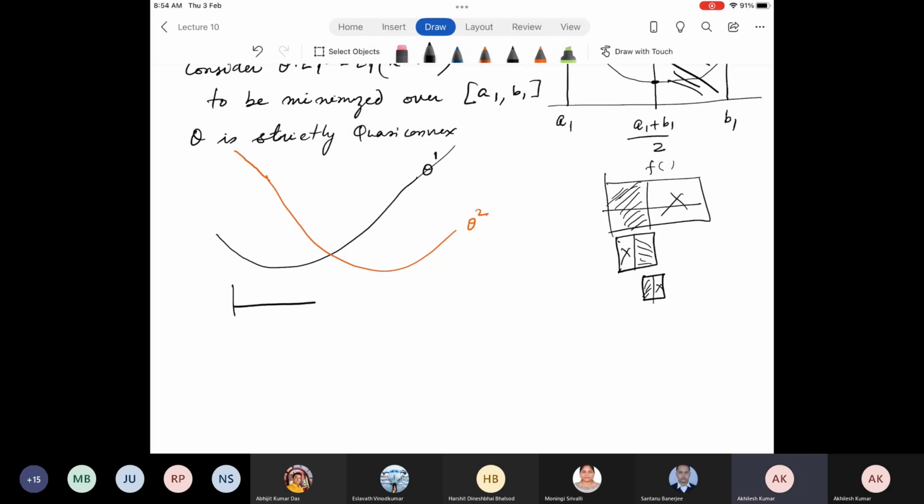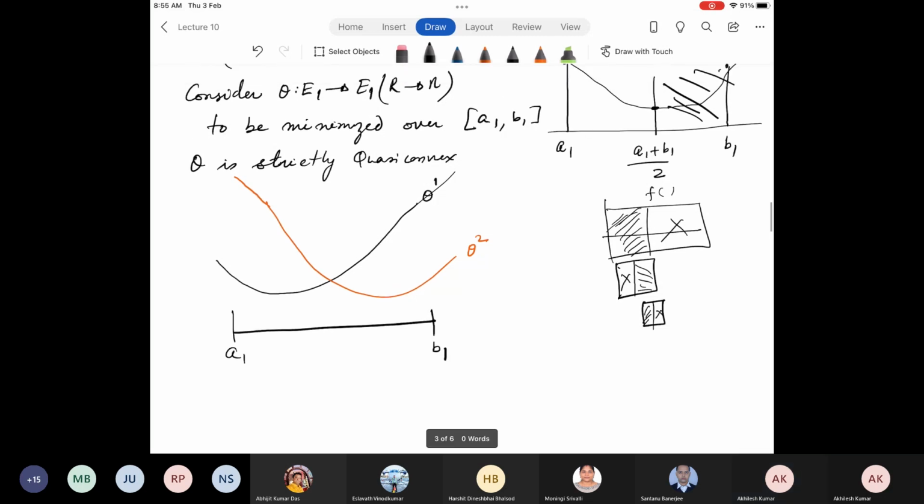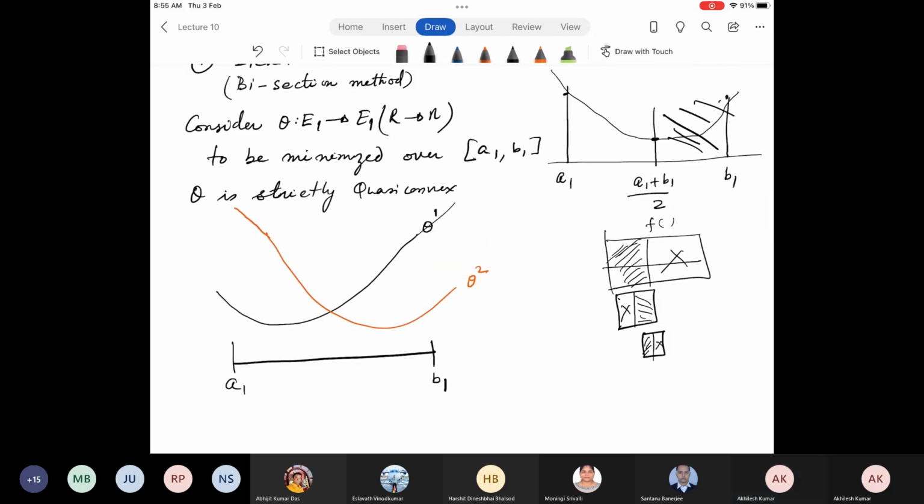Suppose this is defined between A1 and B1. Now I need to come up with an algorithm so that I divide into half every time and then try to decide the interval. How do we do that? Is this sufficient, just doing A1 plus B1 by 2?